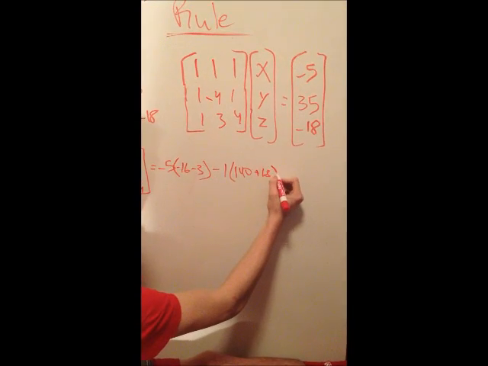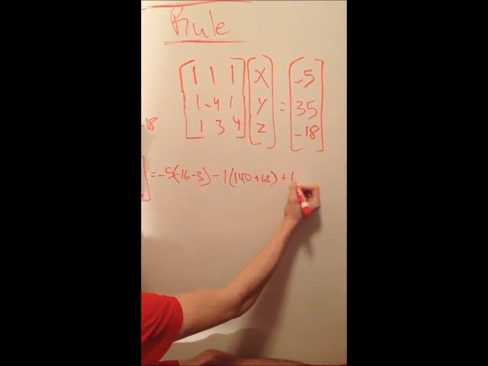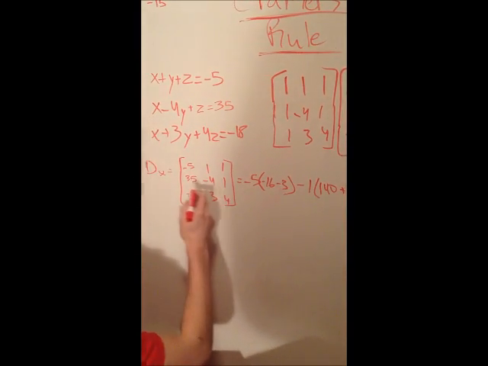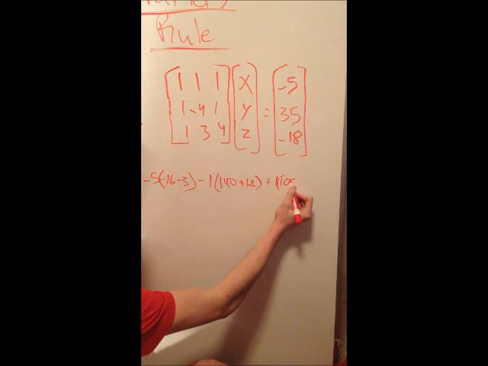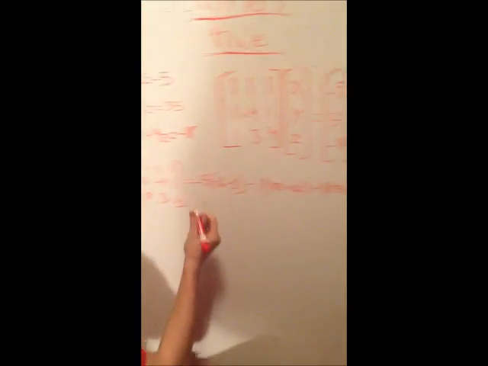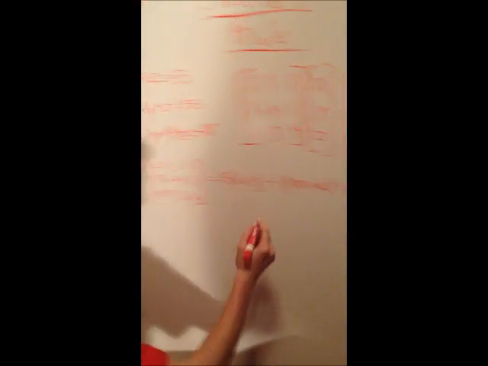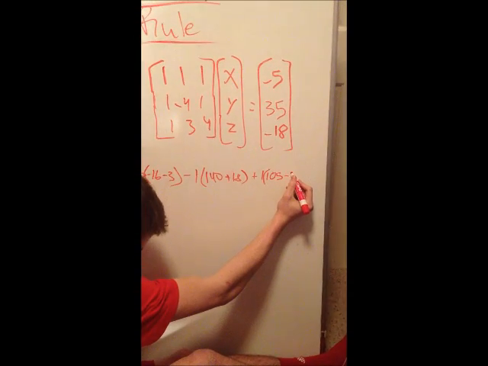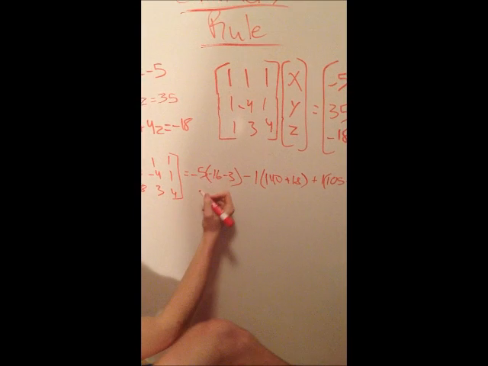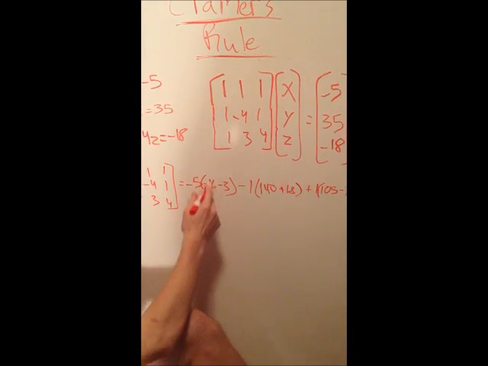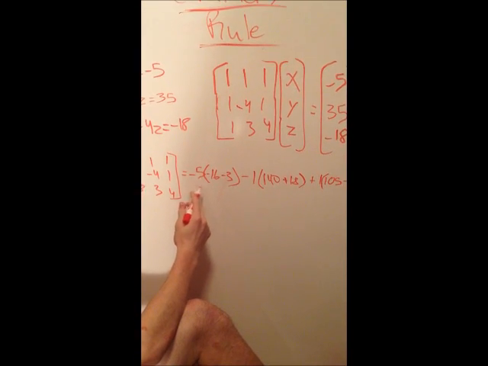And then we're going to get plus 1 times, and we're going to get 35 times 3, which is going to be 105. And that's going to be minus -18 times -4, which equals 72. And so when we solve that out, we're going to get -16 minus 3 equals -19.